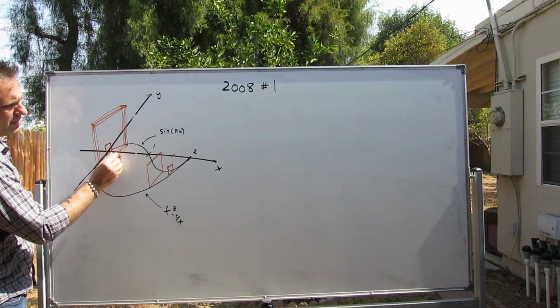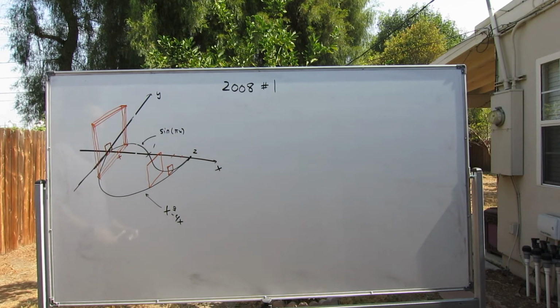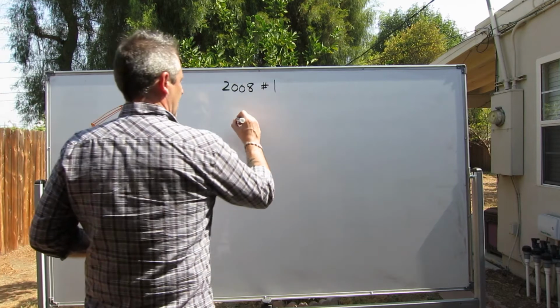So the width is delta x. What does the area of this thing end up equaling? If I can figure that out, this will end up telling me what the volume is.